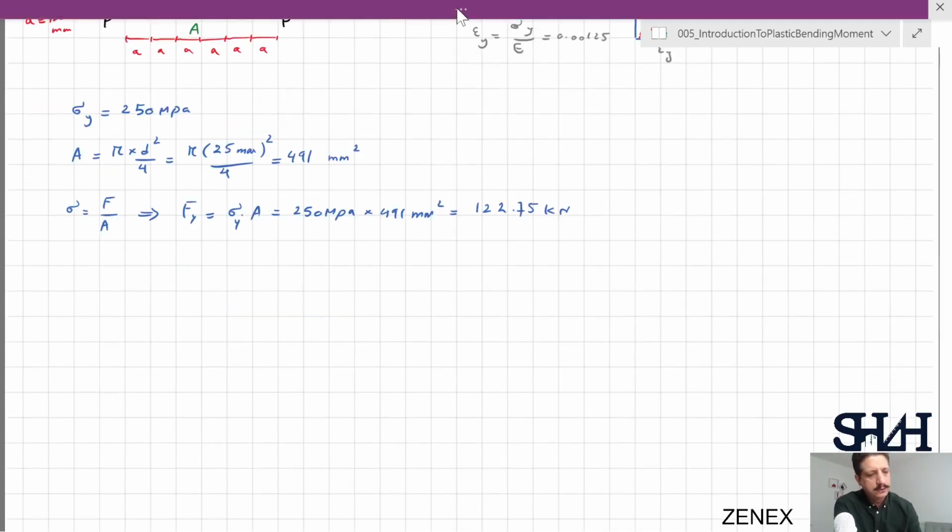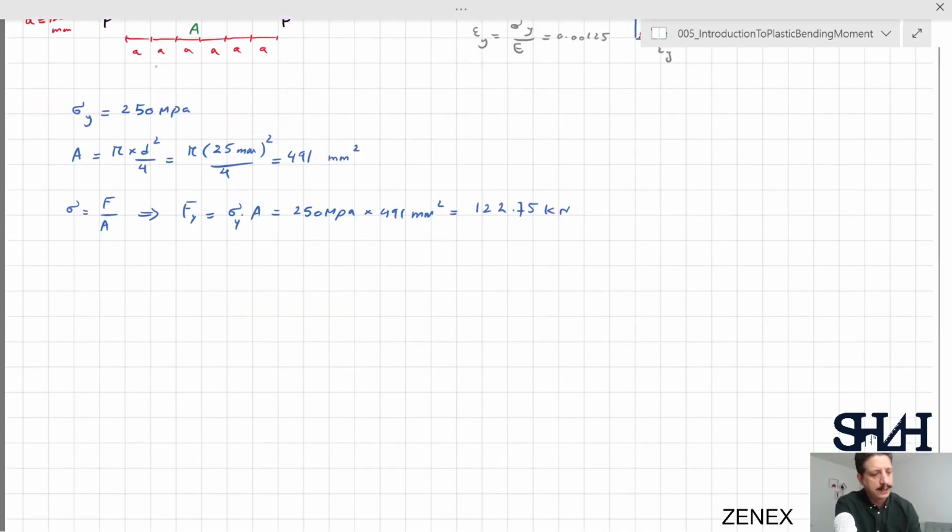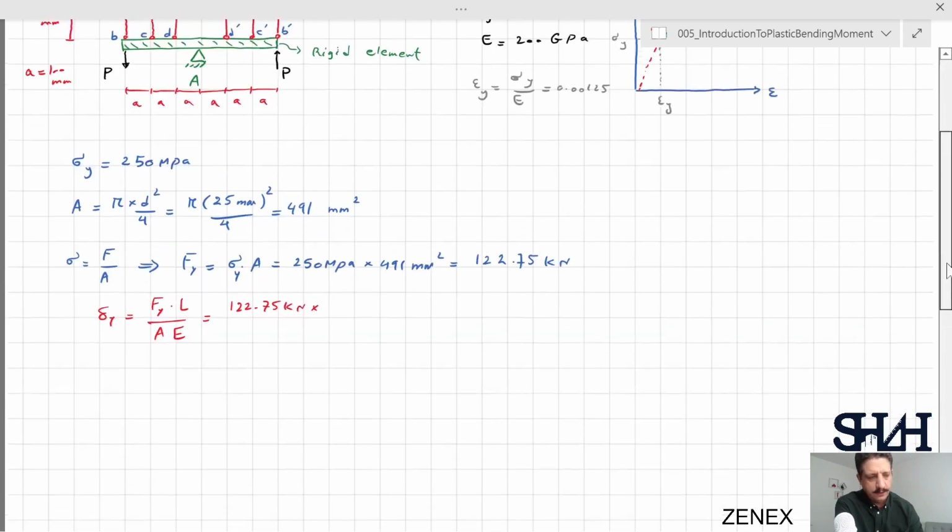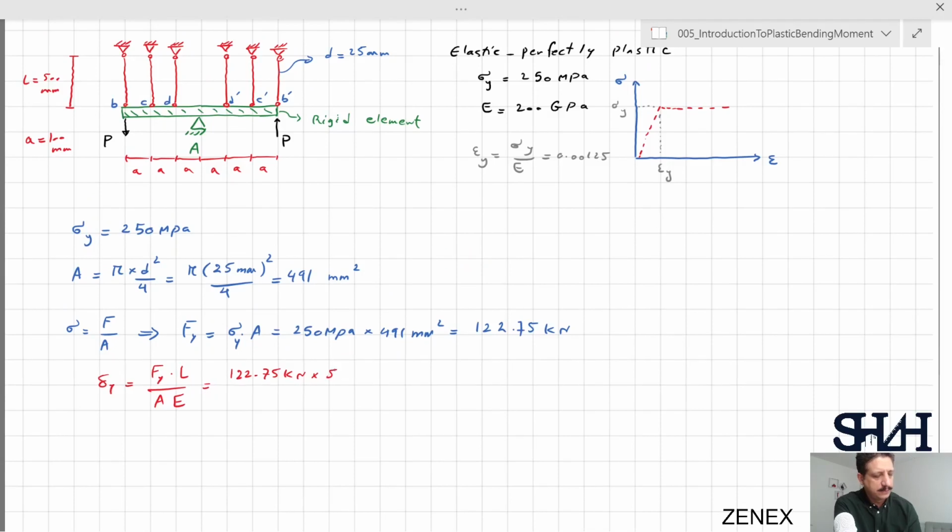We can do it in two ways. Identical answer. Delta y equals Fy L divided by AE. So Fy is 122.75 kilonewton. The length of the element is 500 millimeter. Area is 491 square millimeter. And modulus of elasticity is 200 gigapascal.